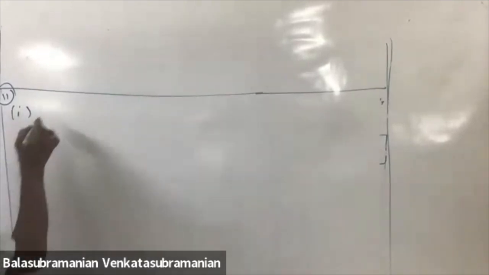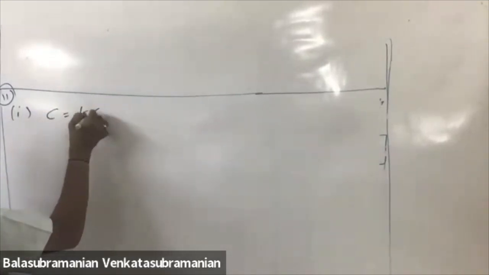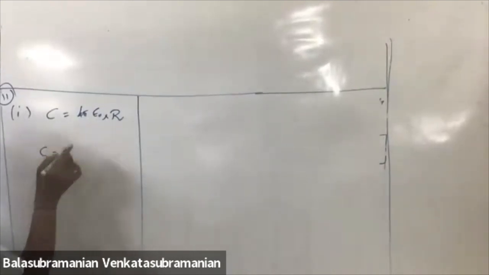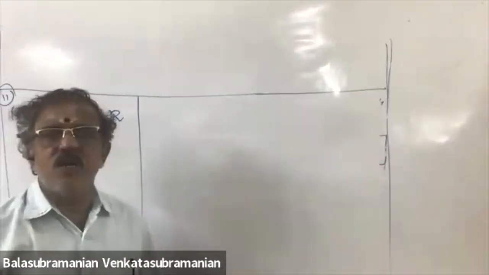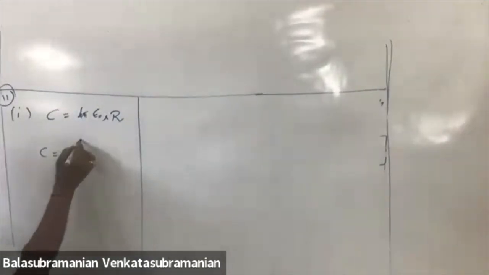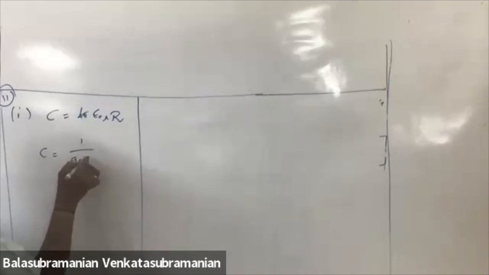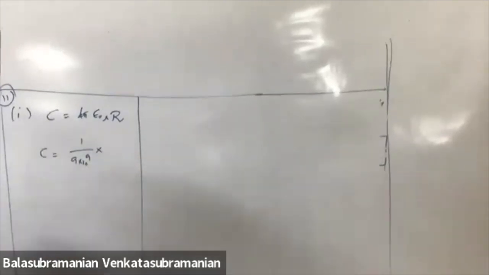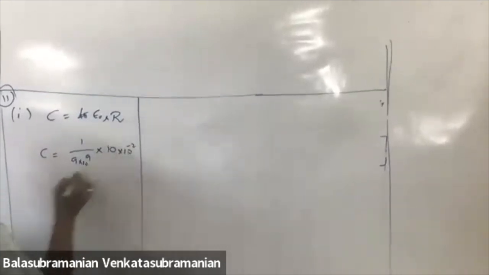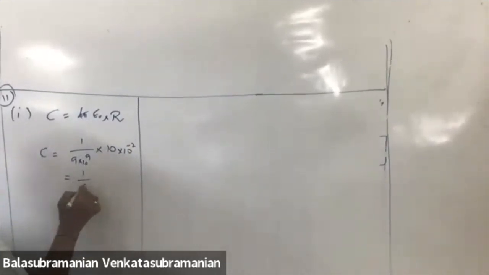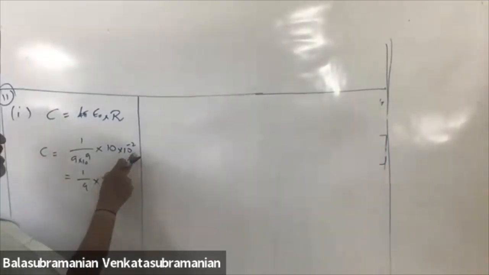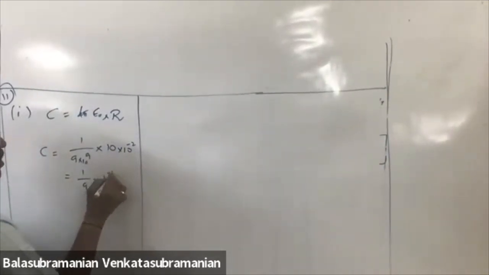Capacitance, first you have to calculate. C is equal to 4 pi epsilon naught R. 1 by 4 pi epsilon naught is 9 into 10 power 9. So 4 pi epsilon naught is 1 by 9 into 10 power 9, into the radius is 10 centimeter, 10 into 10 power minus 2. So 1 by 9, 10 power 9 will go as minus 9 minus 1, minus 10.